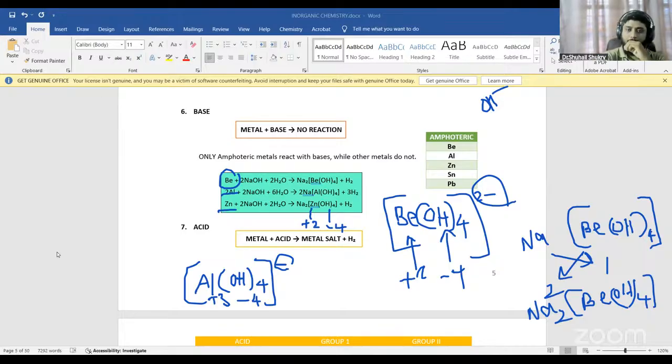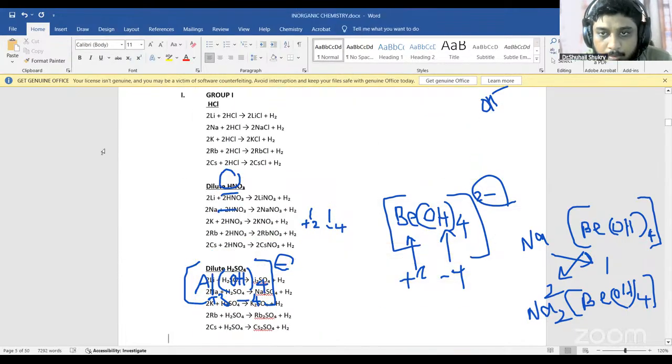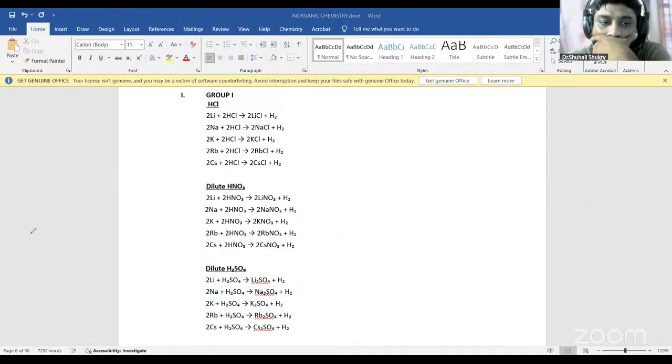Beryllium, aluminium, and zinc with sodium hydroxide. Everything has OH4, just keep that in your mind. Give a try. When you are done, tell me done.